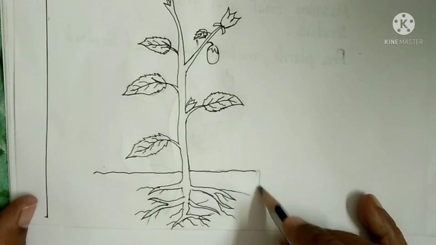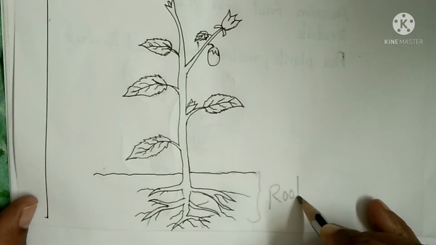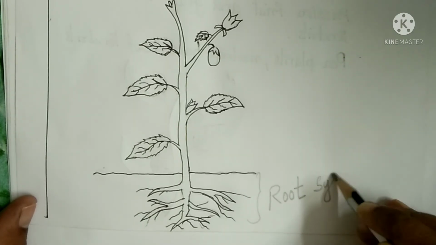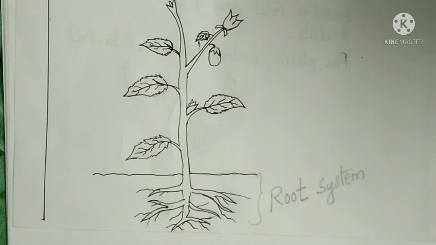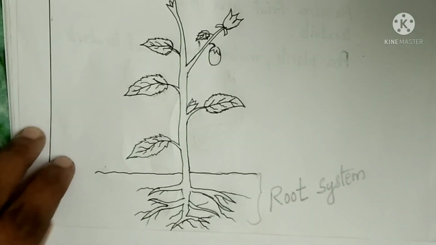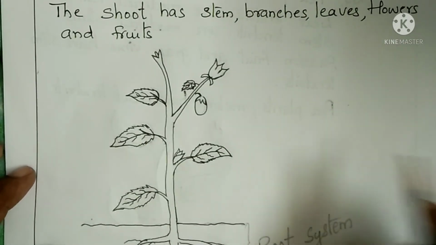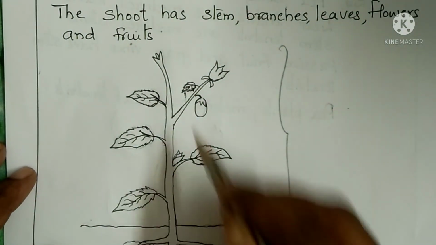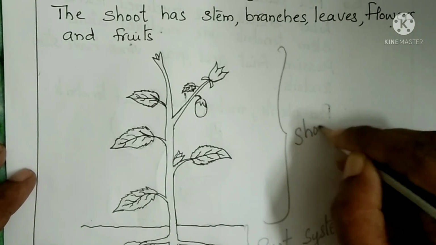Yes, it is the root. It is called the root system. They grow under the ground, and the whole part of the plant which is just above the ground, all these parts together, is called the shoot system.